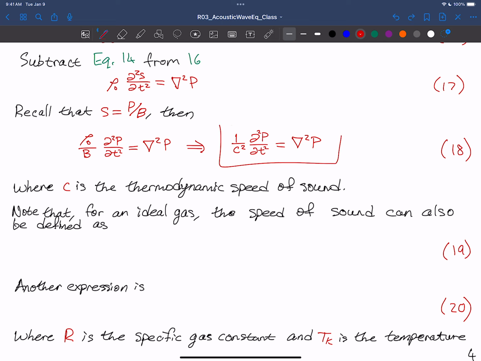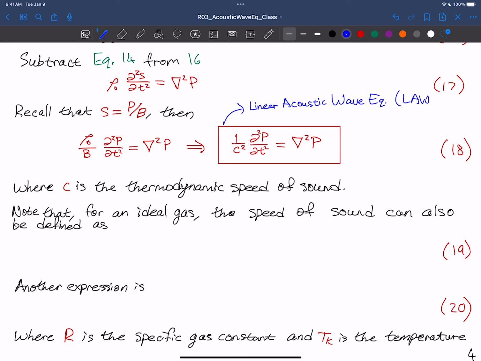And that is our linear acoustic wave equation. And c here is the thermodynamic speed of sound. So again, this is the linear acoustic wave equation, which we can abbreviate as the LAW.